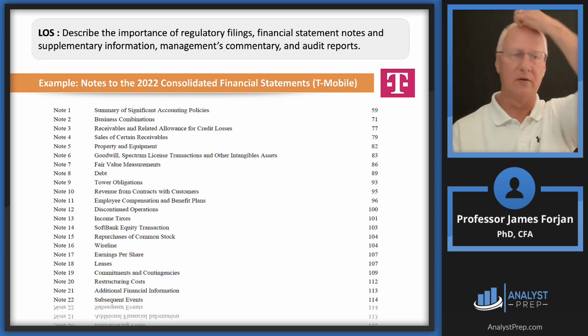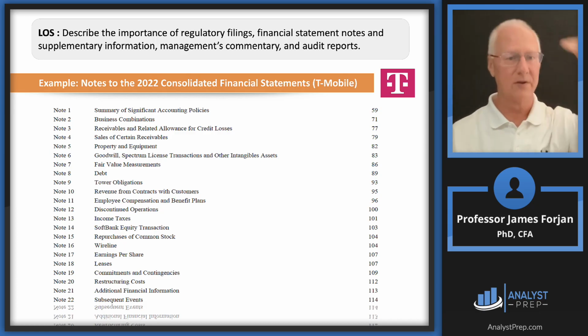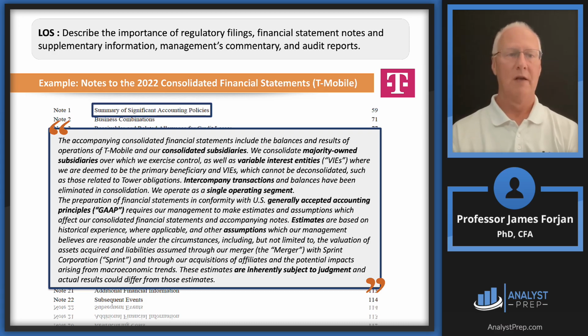Here's an example of T-Mobile. Here are notes 1 all the way down to, I don't know, could be 500 really if you really wanted to get too technical. And there are the page numbers that you can see in that report. If you click on note 1, you get this paragraph here: consolidated subsidiaries, variable interest entities, intercompany transactions.